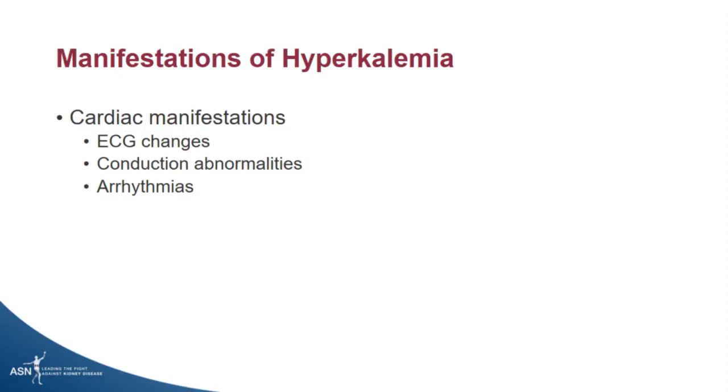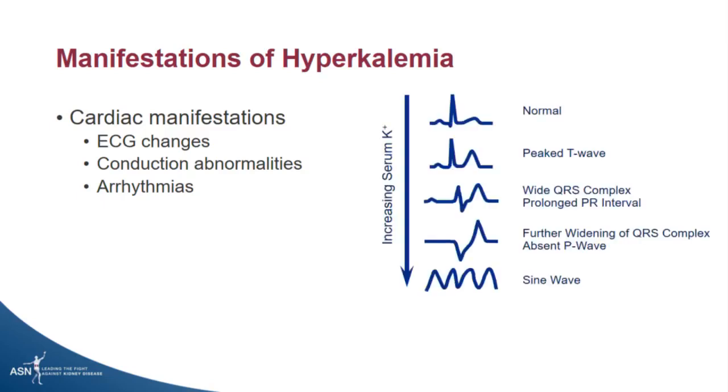Now, if the potassium level in the blood rises, we see many different manifestations. Cardiac manifestations, as you well know, the EKG changes, and this just shows the characteristic changes that would be seen as the serum potassium increases, conduction abnormalities, and arrhythmias, ultimately ventricular fibrillation.